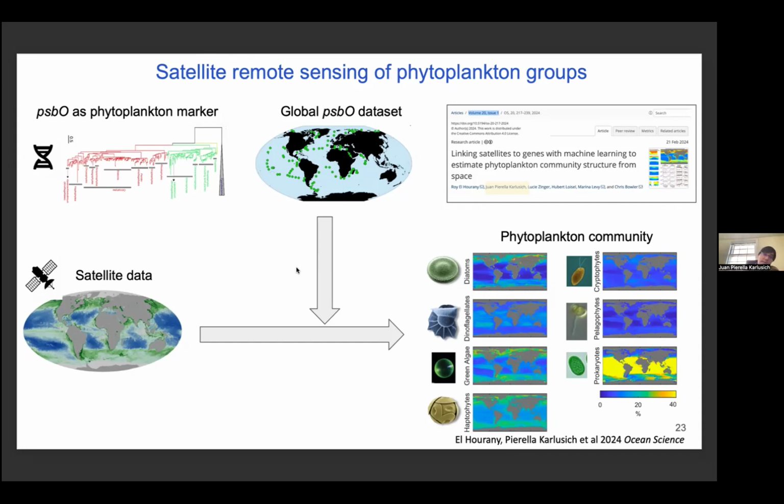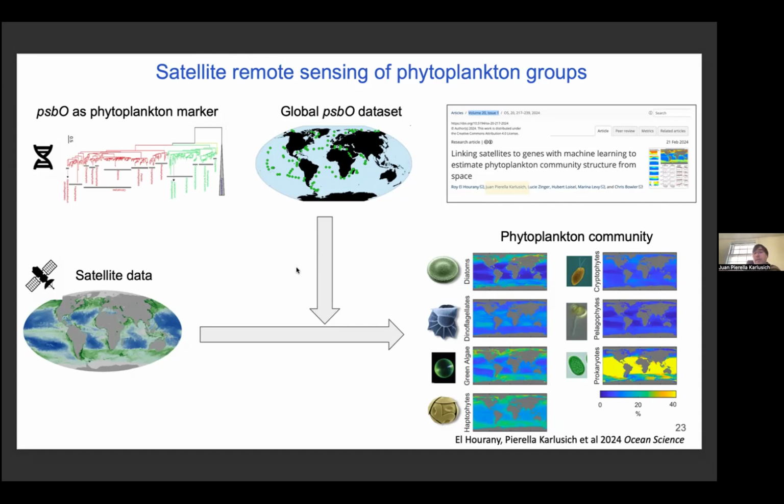Currently, Tara Oceans is taking new samples in new ocean regions, and also there are some other stations, for example in the Pacific and a new sampling station in the Atlantic, which have already been sampled, and the consortium is in the process of analyzing the DNA data.